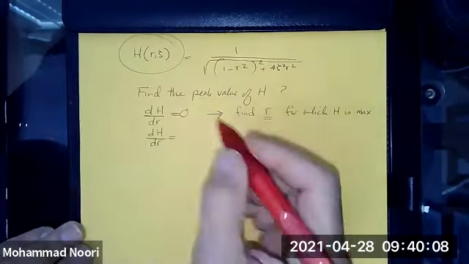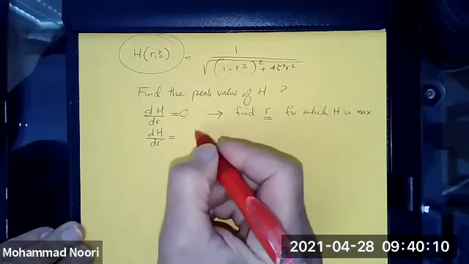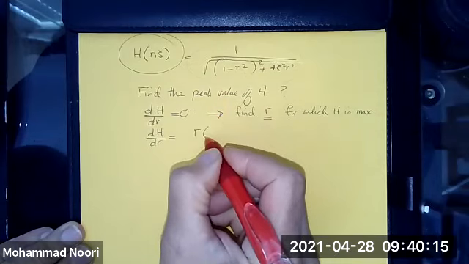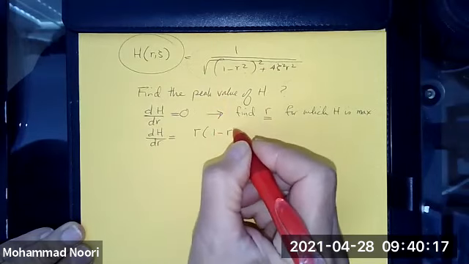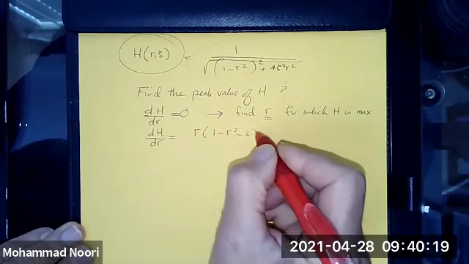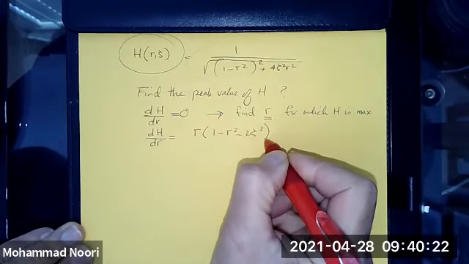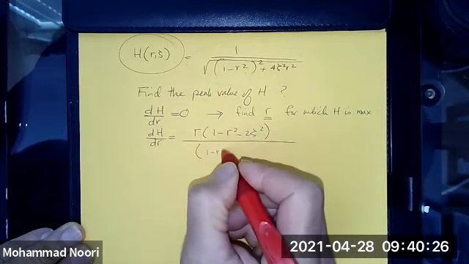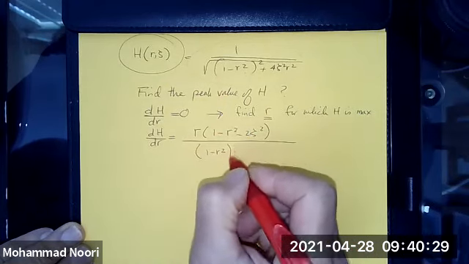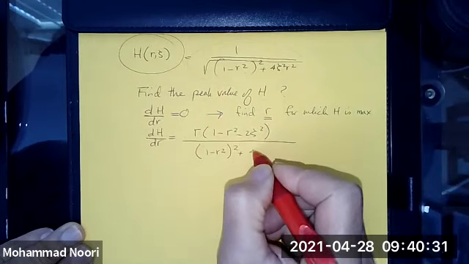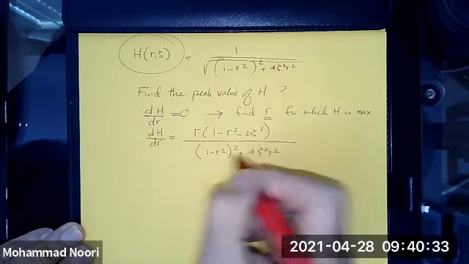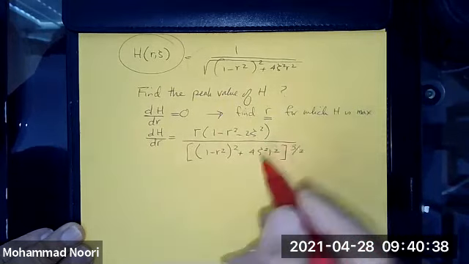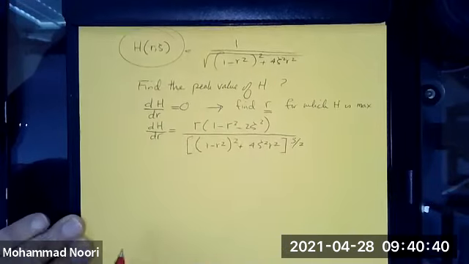You go back to your algebra, calculus, you see that the derivative of this function would be derived to be 1 minus r squared minus 2 zeta squared divided by 1 minus r squared plus 4 zeta squared r squared to the 3/2.